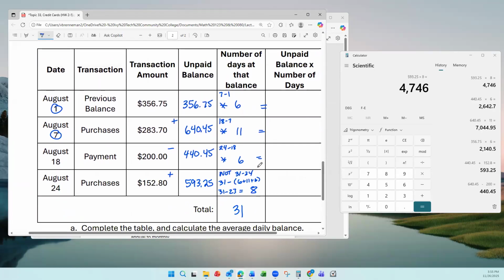So that is 2140.50, and then 7044.95, 2642.70, and 4746. Then we add those all up.